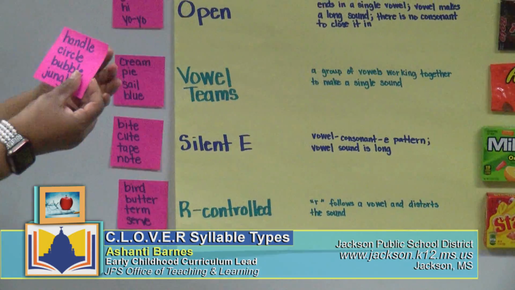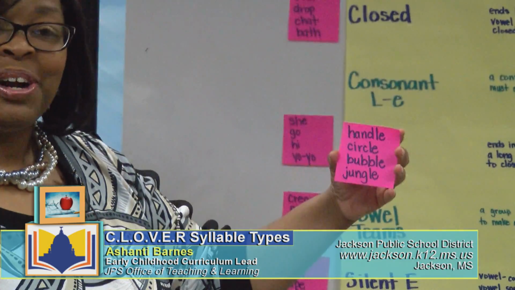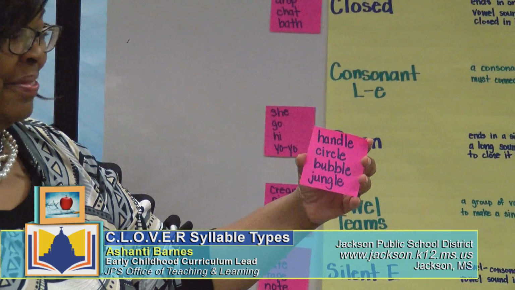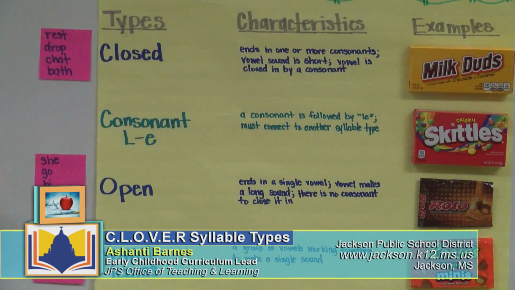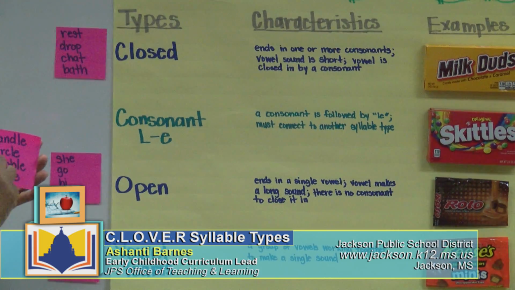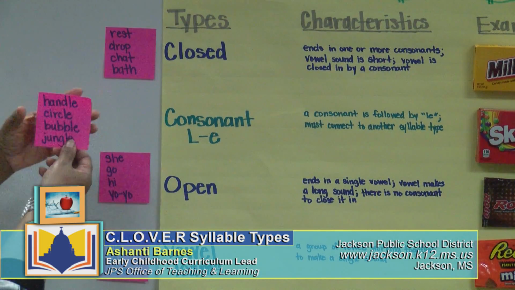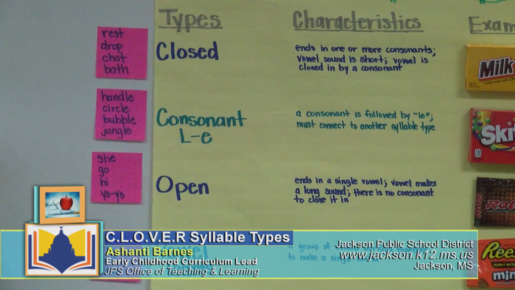And finally, we have words such as handle, circle, bubble, and jungle. By process of elimination, we only have 1 category left, consonant LE. And we do see that before each LE in each word, there is a consonant. So here is the best fit.